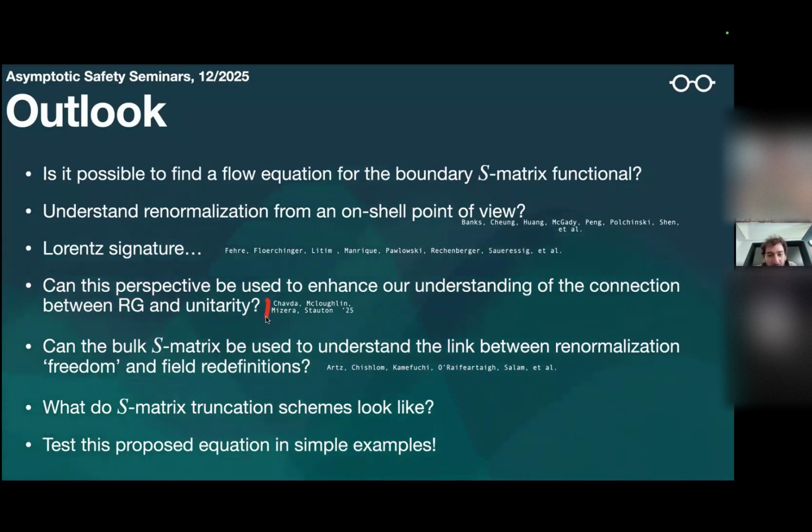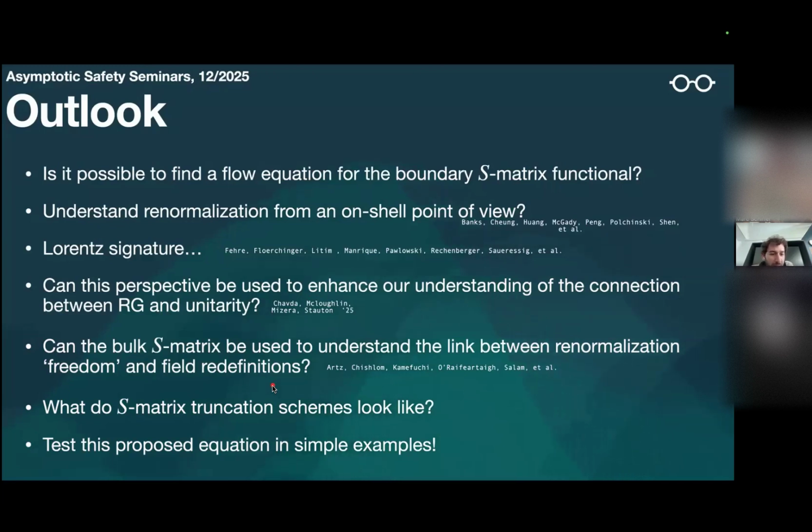This is connected to recent work in which it was argued that RG conditions and unitarity conditions are very tightly connected. Because the unitarity conditions are nicely formulated in terms of the S-matrix, understanding how to renormalize the S-matrix might help to make progress in this direction.